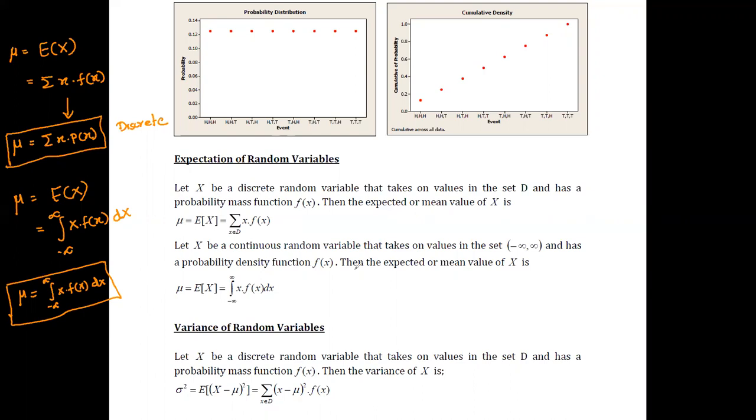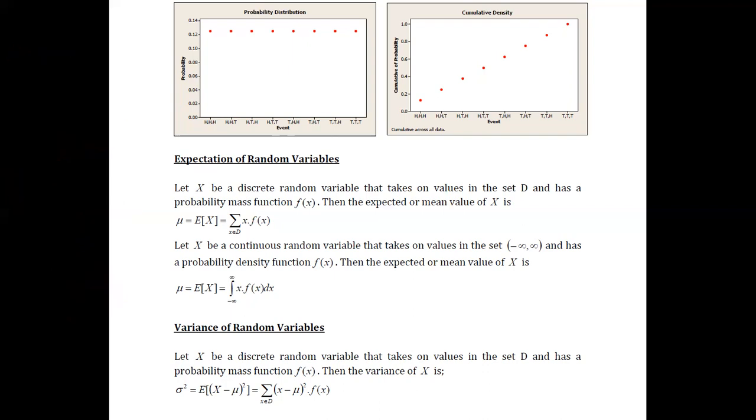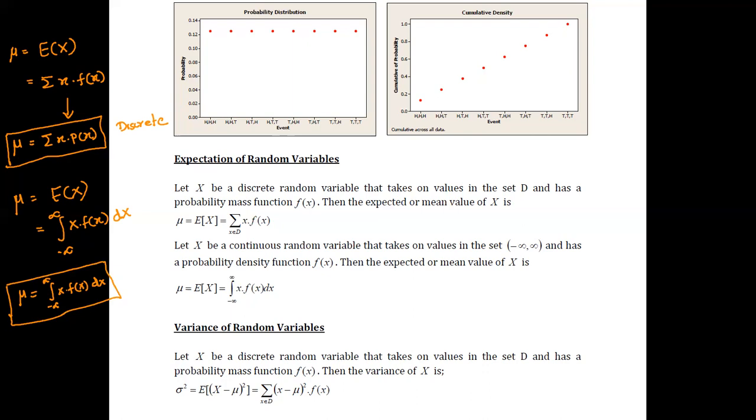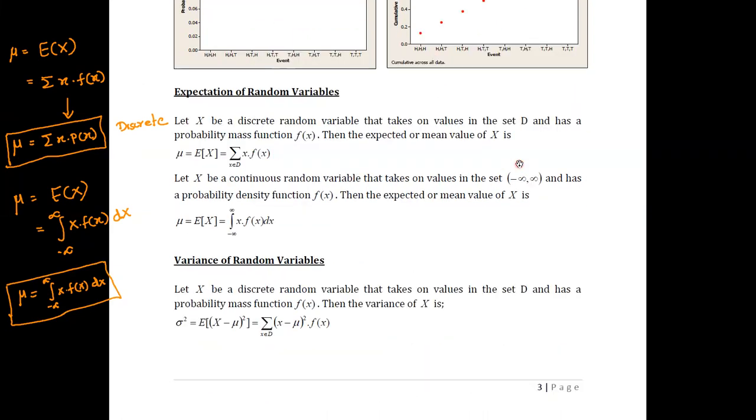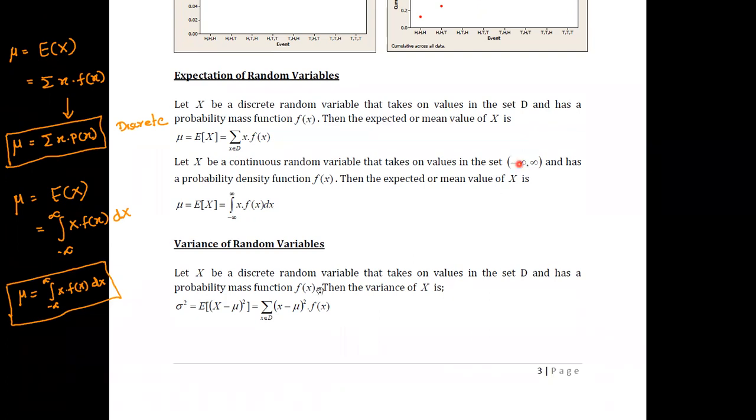And then we will move on to obtaining the variance of a random variable. Expectation can be considered as the first moment of this random variable, and if you move to the second moment, it is defined as the variance.